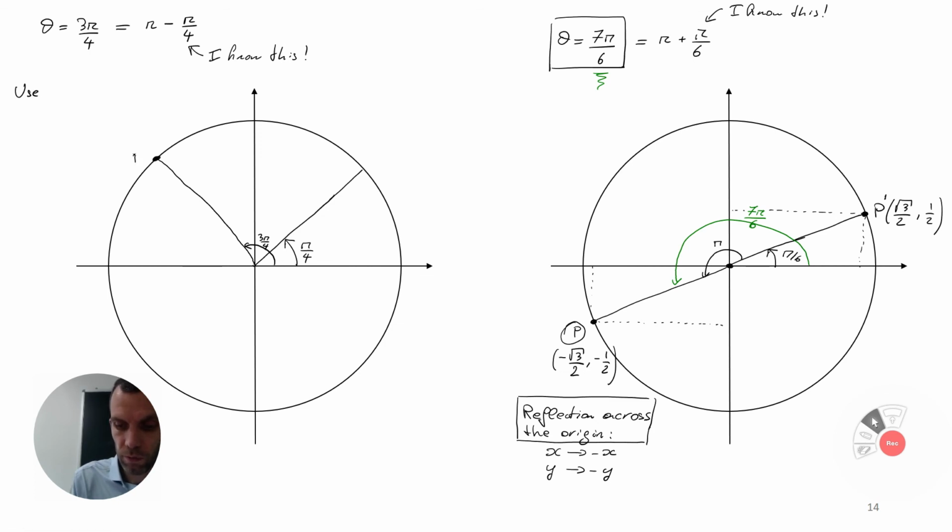So first finished drawing, this is the point P, this is the point P prime. Here we know that the coordinates are square root of 2 over 2, square root of 2 over 2.